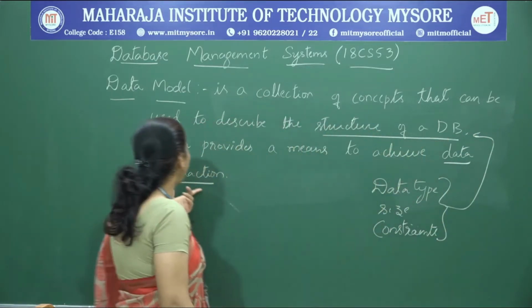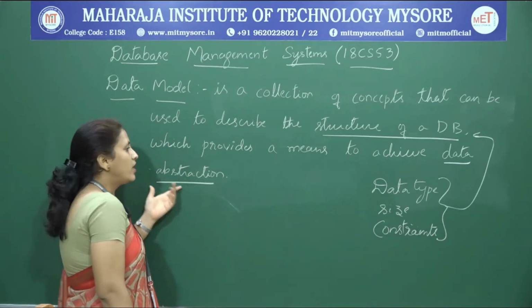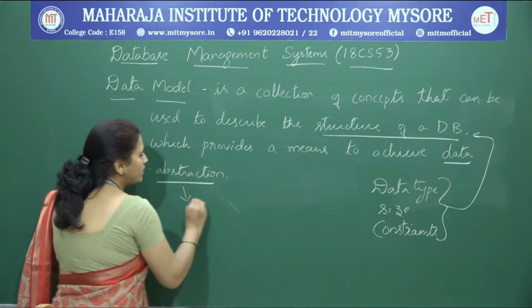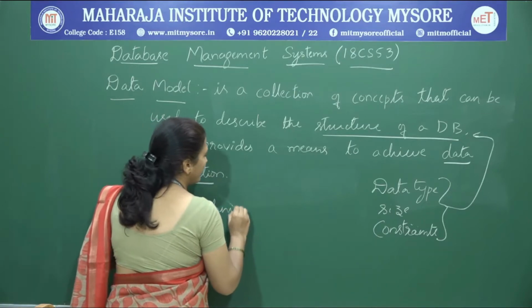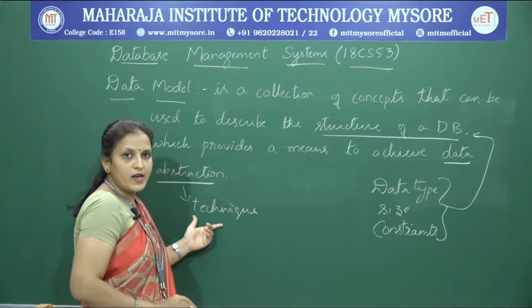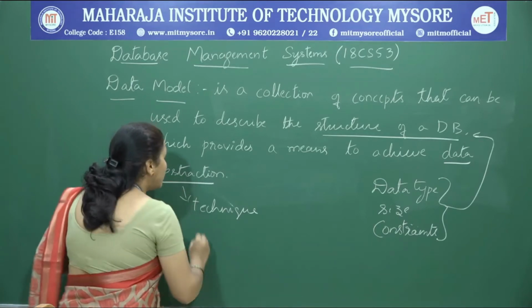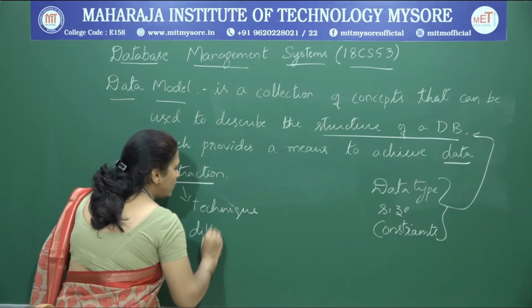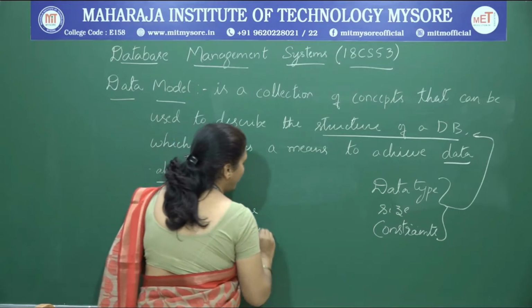Okay? Then what do we mean by data abstraction? Data abstraction is nothing but a technique with which we are going to provide the data in a way which different users perceive data.